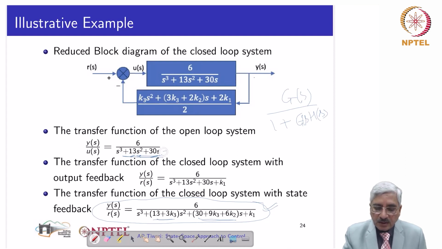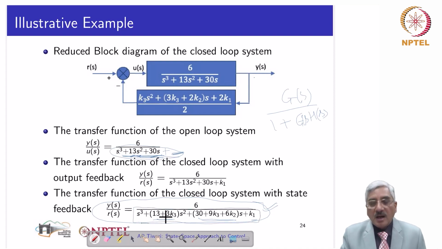The constant term was not there, the constant term here is k1. So what we see is that the coefficients of all different powers of s in the denominator, or the characteristic polynomial, have changed, and they have become dependent on k1, k2 and k3.